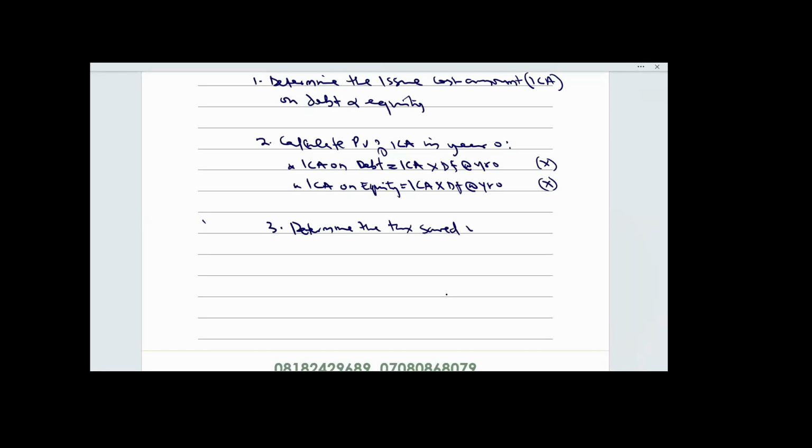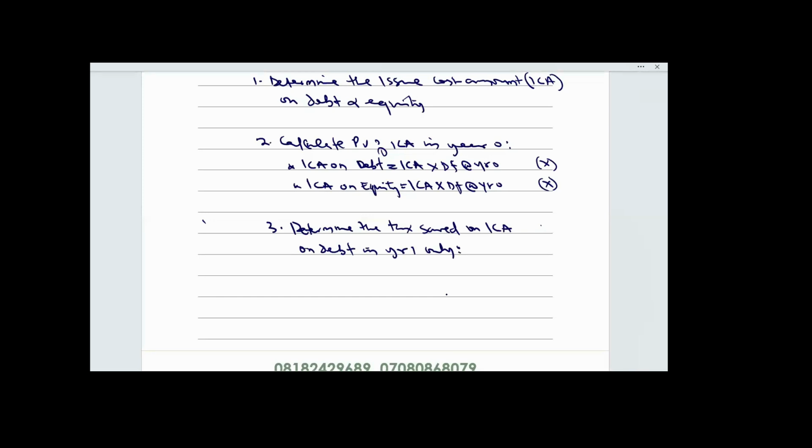Tax saved on issue cost amount on the debts. Issue cost amount on debts in year 1 only.